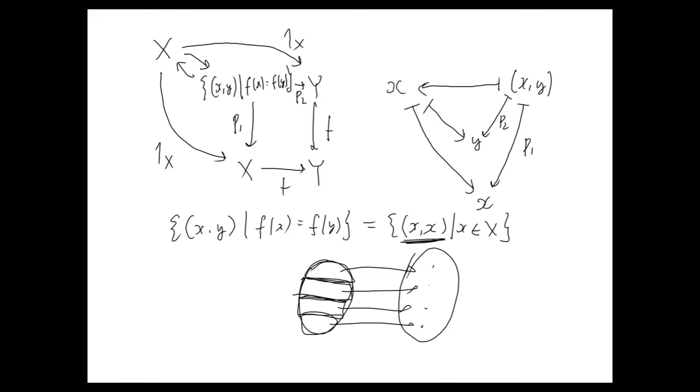Okay, now let's say a few words about limits in general. So we have looked at special kinds of limits. We now know about products. We know about equalizers.